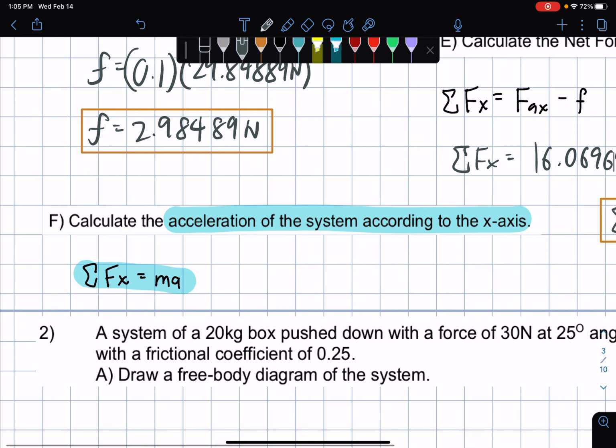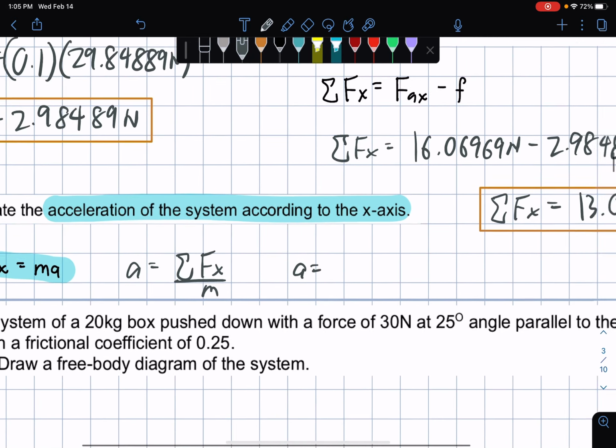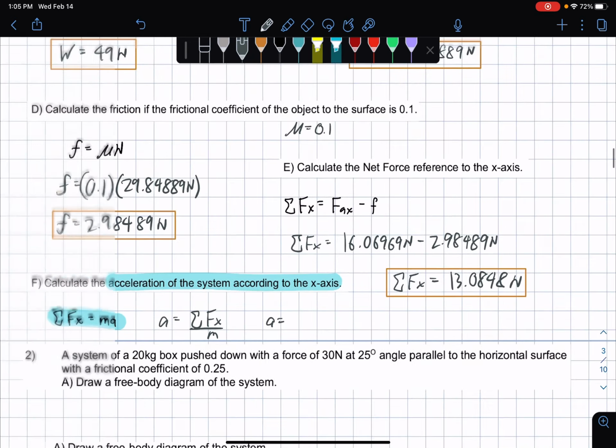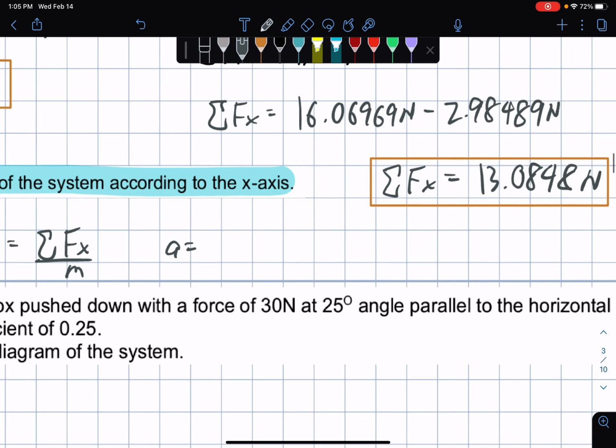Now let's calculate the acceleration. Given this formula, we can write it this way, since we're looking for acceleration. And then I think the mass is 5, right? Yes, it's 5. So 13.0848 newtons divided by 5 kg.